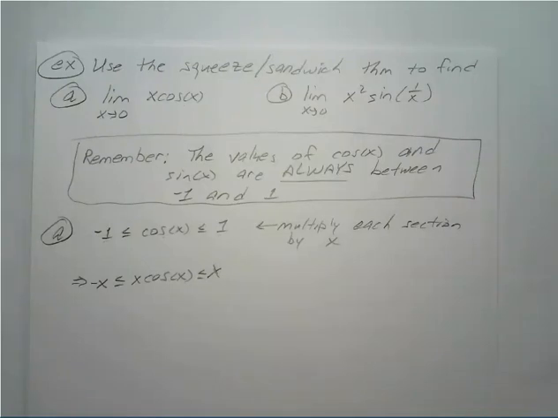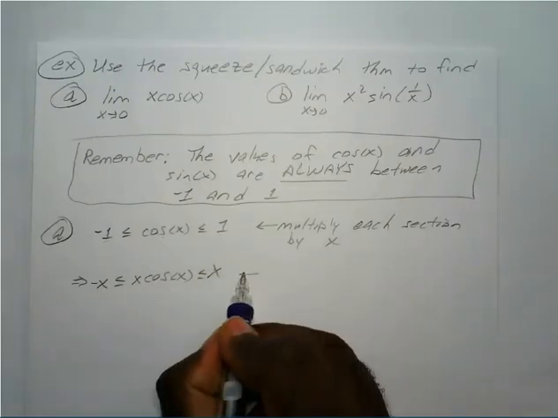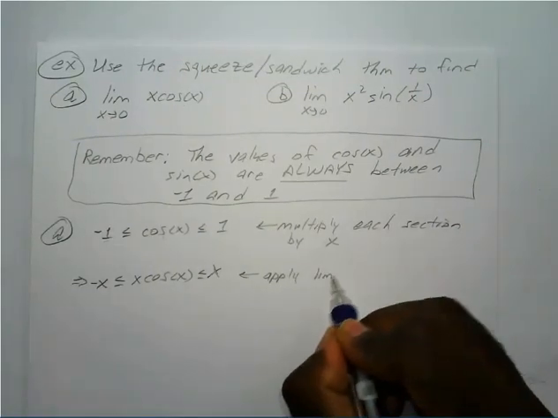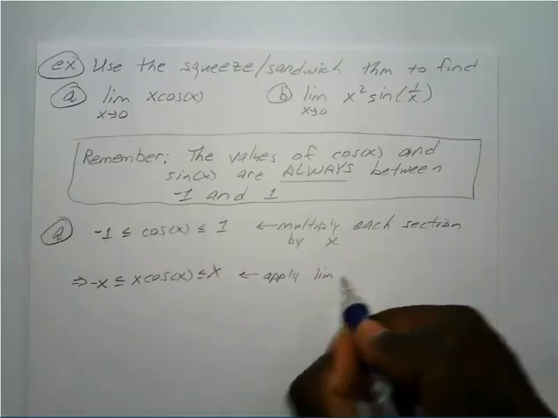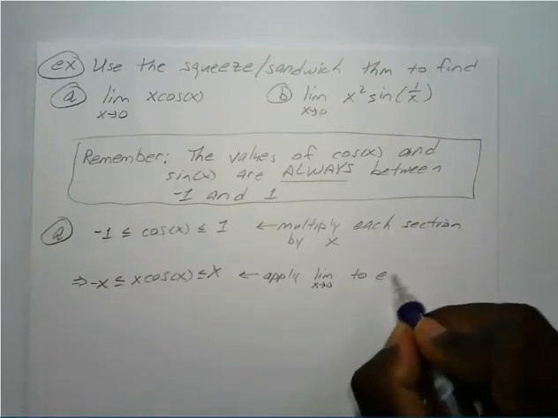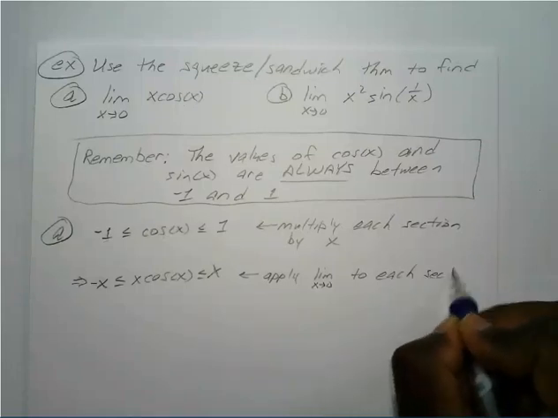So what do we do now? We apply the limit to each section, as x approaches 0.